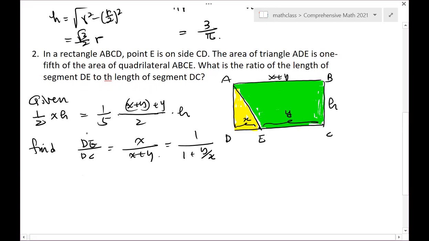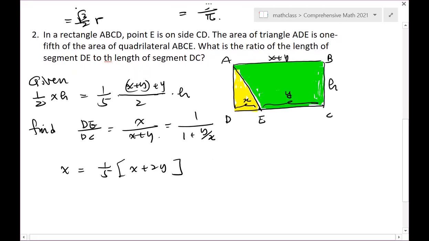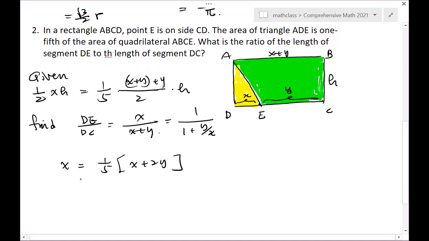Yes. First of all, you cancel 1/2 on both sides, then you cancel X, then you cancel H. So what you get is X plus 2Y, and 1/2 is gone, H is gone. Then you multiply both sides by 5, so 5X is X plus 2Y.